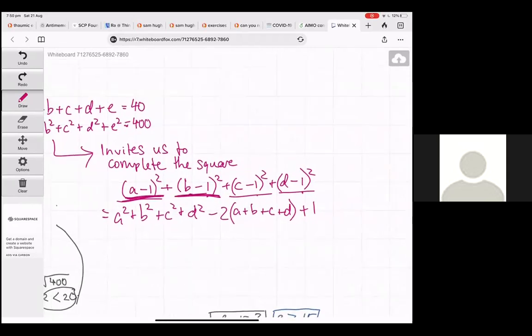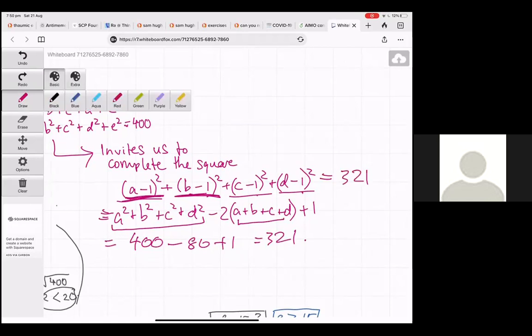Okay. Well, luckily I can replace stuff. I already know what this is equal to. That's 400. I know this is 40, so that's going to be minus 80 plus 1. So that is 321. I just found that this is equal to 321.